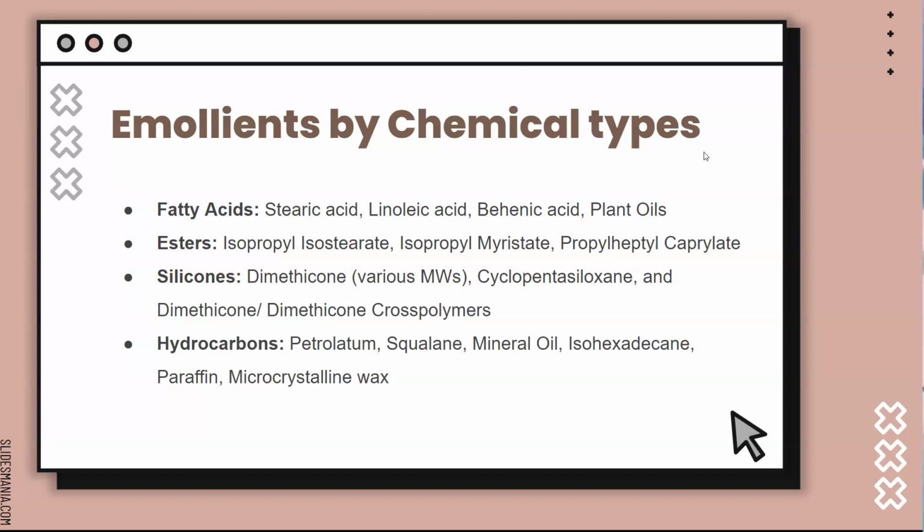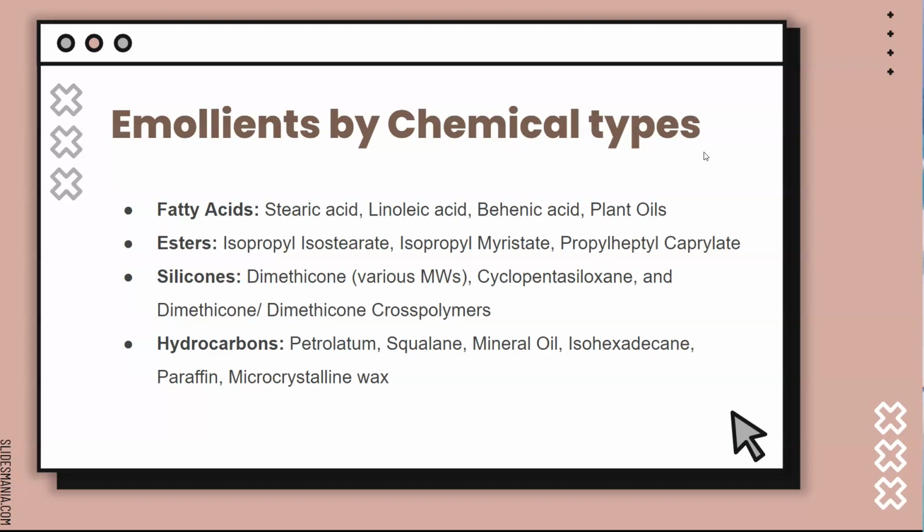Examples of esters are isopropyl isostearate, isopropyl myristate, propylheptyl caprylate. You'll see that most esters that you find in ingredient lists end with the suffix -ate.